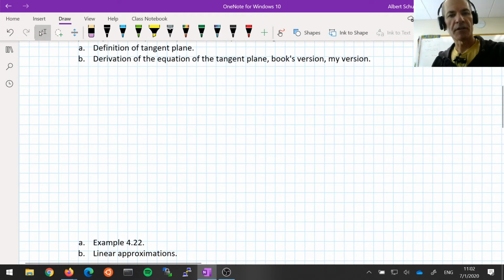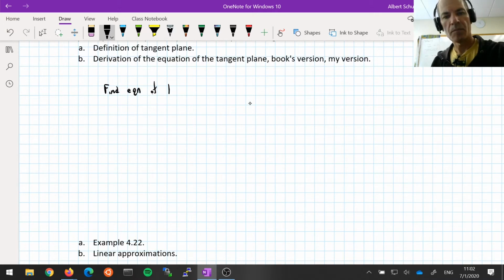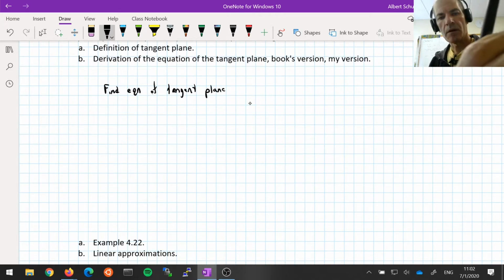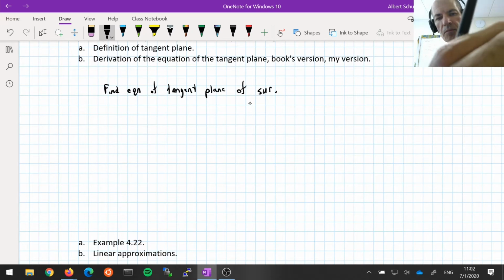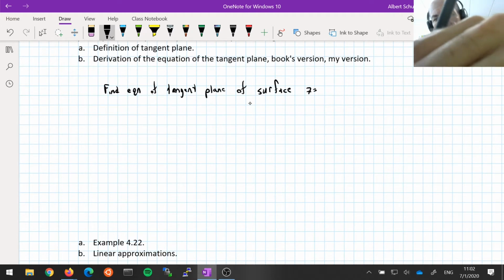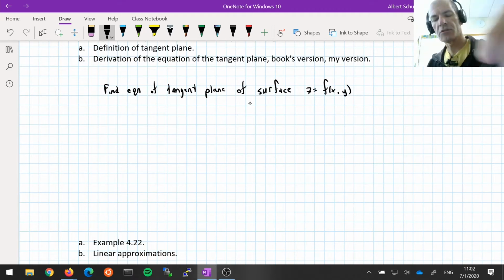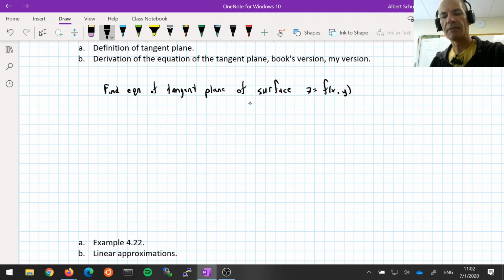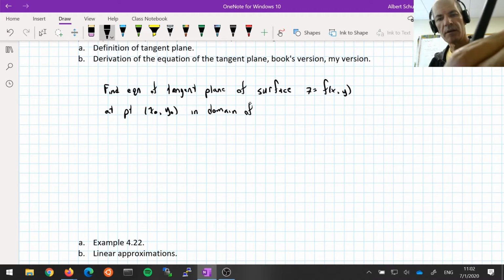In my version, again, the problem that we're faced with is we want to find the tangent plane of the surface z equals f of x and y, because surfaces can always be written like that, at the point x naught, y naught in the domain of f.